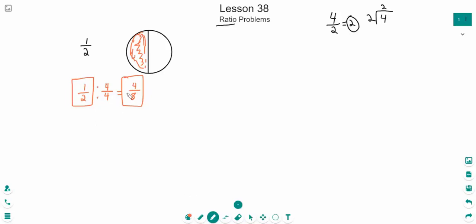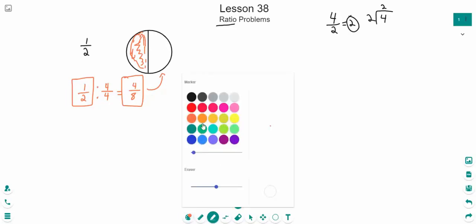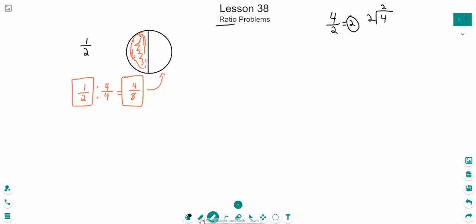And again, if I were to transpose this up onto our figure here, we'd have 4/8. Well, we could then divide this up into 8 pieces now. So we'd have to cut it this direction. That would give us 4 pieces. And then we'd have to cut it this direction. Now we're up to 6 pieces. And then we go this direction, and now we're up to 8 equal pieces.